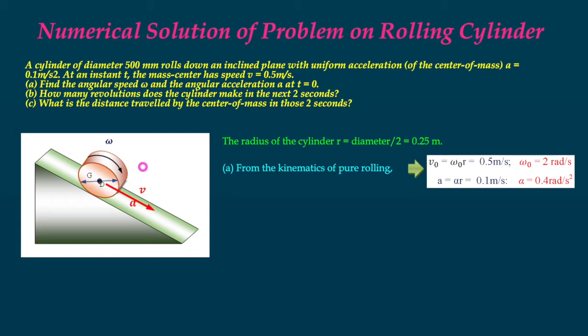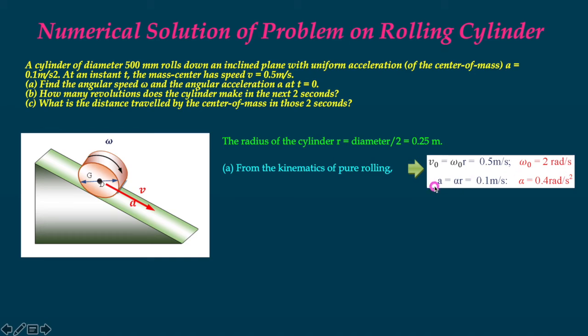So as per the condition of pure rolling, initially the velocity equals omega 0 r. This omega 0 means the initial angular velocity, and the radius is also given. So substituting, V0 is given, we get the omega 0 value of 2 radian per second.